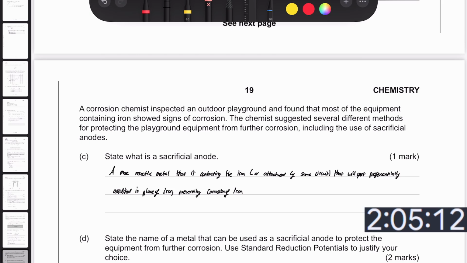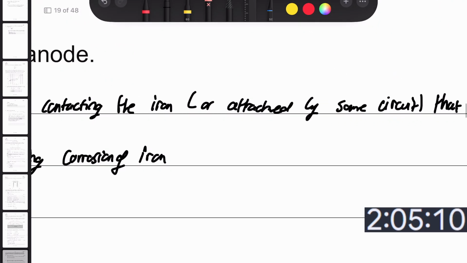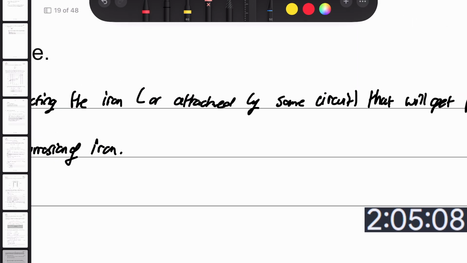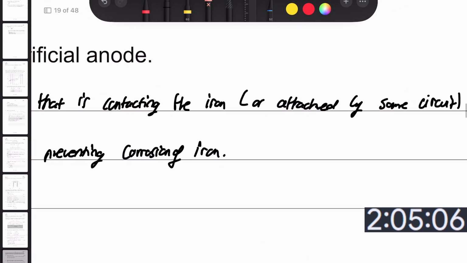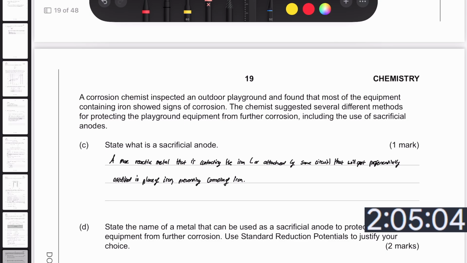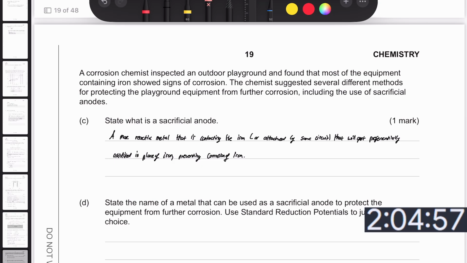Preventing corrosion of iron, making iron the cathode. I think that should be enough of an explanation. Preferentially oxidized in place of the iron.